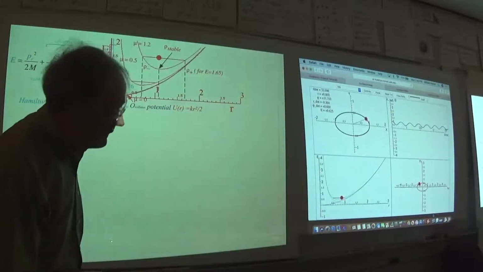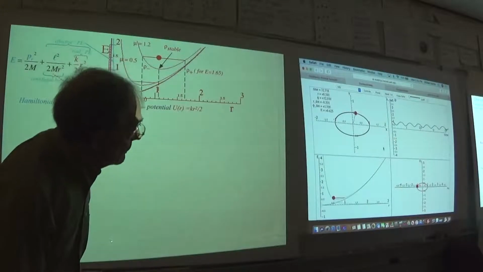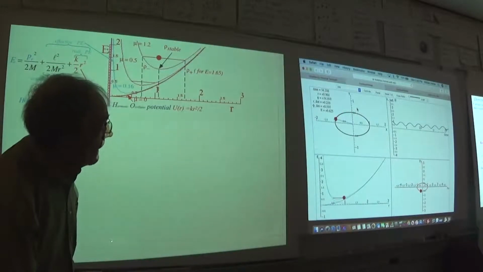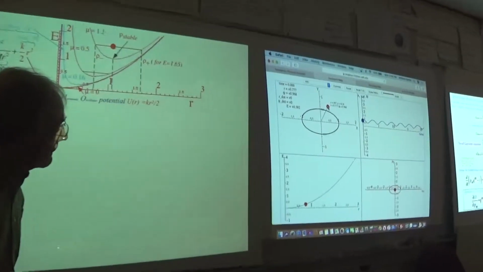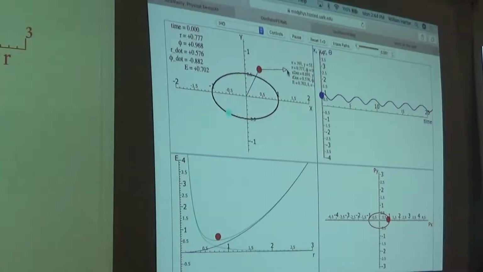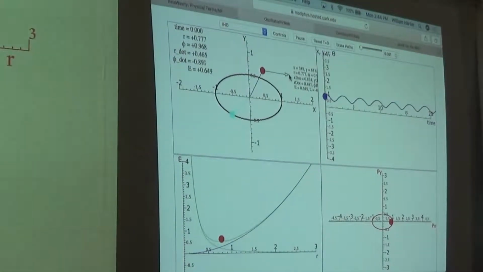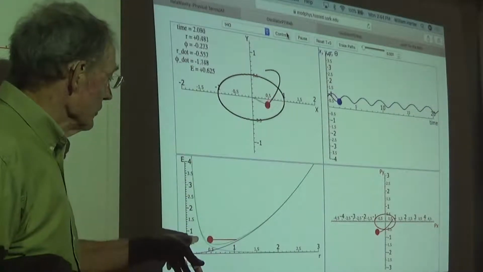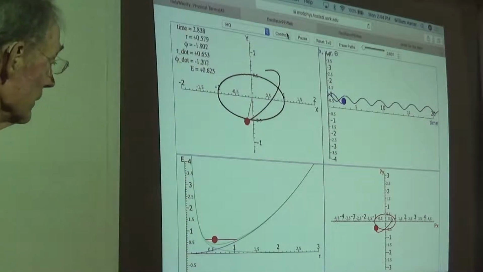Now this is a fun thing to play with. You can set your initial position and velocity by clicking and then showing a little arrow here that indicates the initial velocity. So I'll just start with something that's there, and we'll go with it and see what it does. But every time I was changing my initial conditions, I was changing this picture.